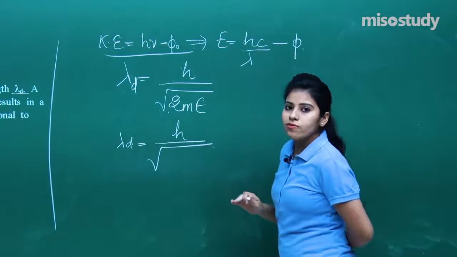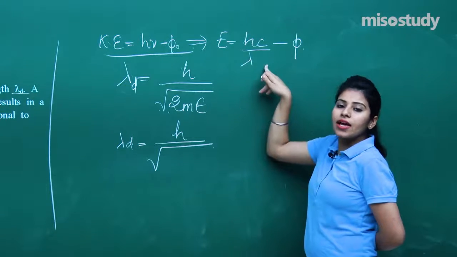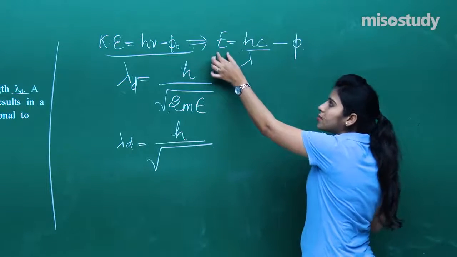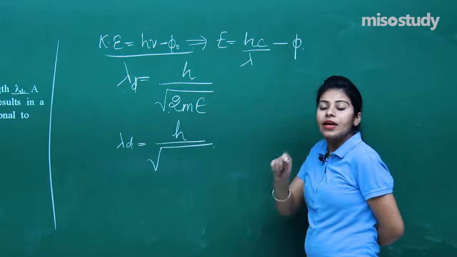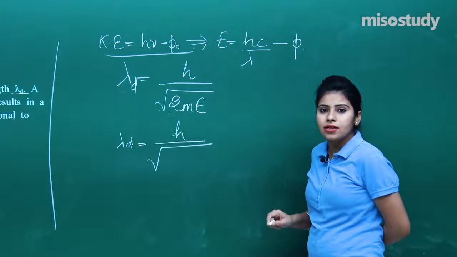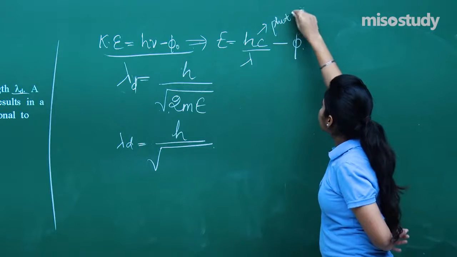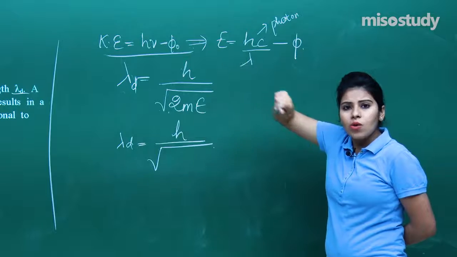Now one thing you have to note here is that this energy E is the energy of the electron that is being released, and this is the energy of the photon.